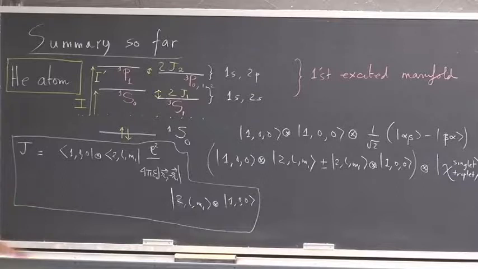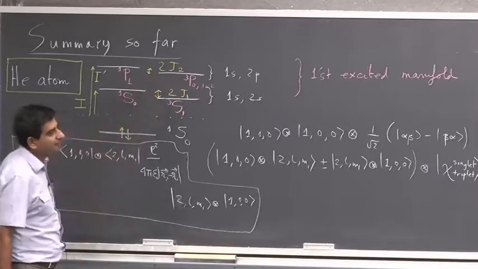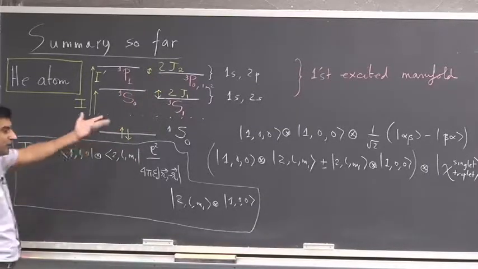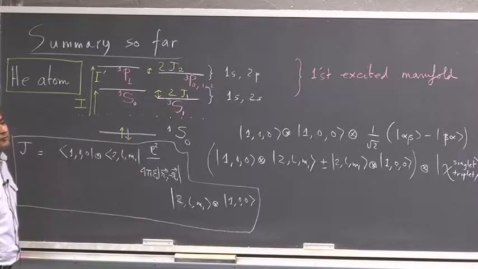So this has no classical description. That's why it's hard for me to describe what this really is. It's a transition matrix element between two different states. Now this coupling over here is called the exchange interaction. And this is what we've learned about the helium atom so far. Alright?